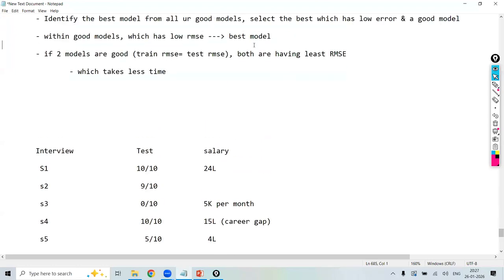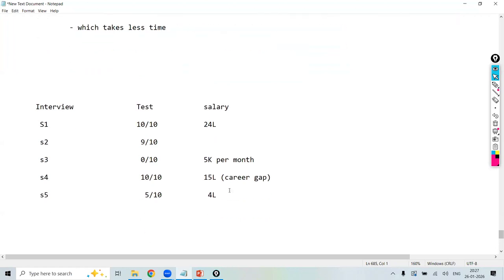Similarly, here also, without accuracy, should I go with the least time model, or do I have to look accuracy-wise? Time or accuracy, which one is the priority? Marks or salary, which is the priority? If you feel marks matter, there it is RMSE. Here if you feel salary matters, there time is more important. That is a very simple point.